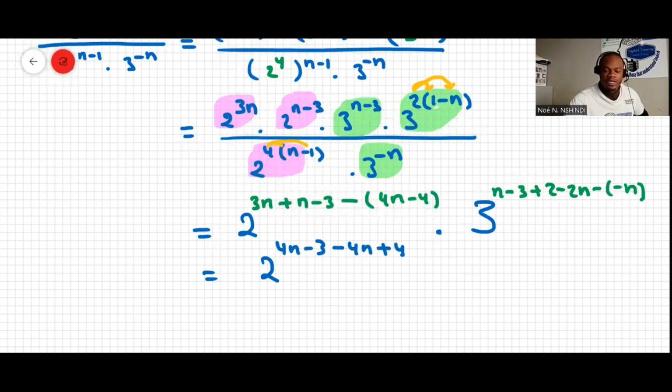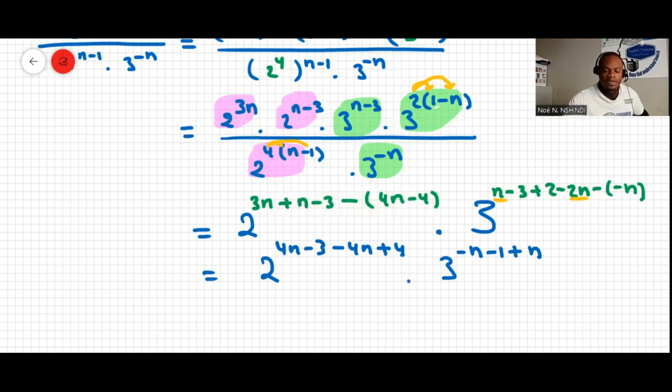When we drop the brackets, it comes like that, times 3 to the power of n minus 2n, which makes negative n, and then negative 3 plus 2 makes negative 1, minus negative n makes a positive n.